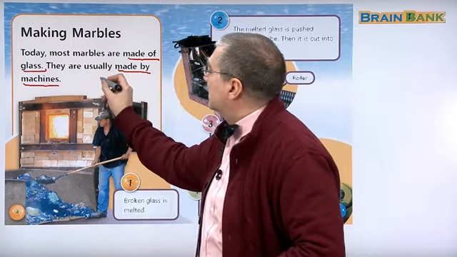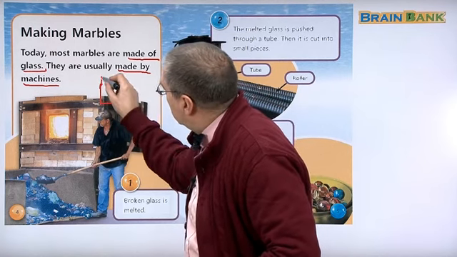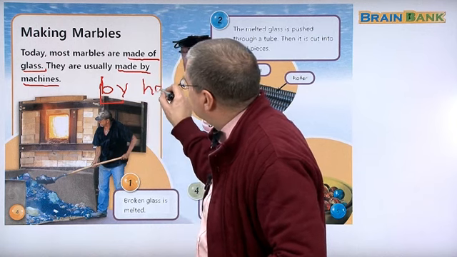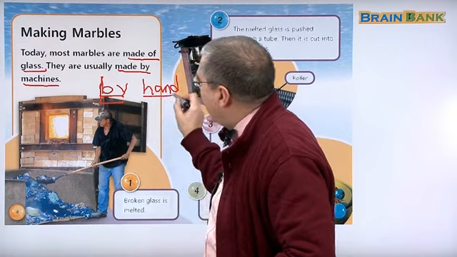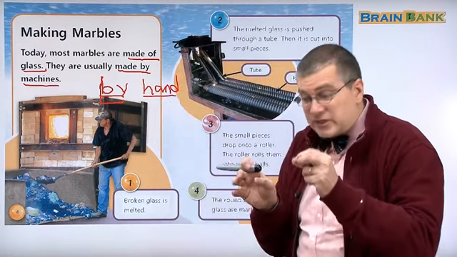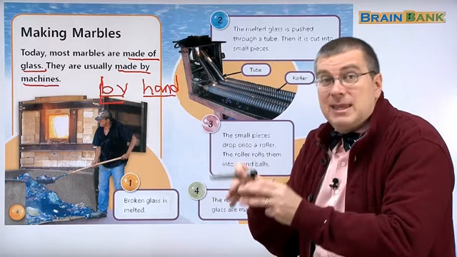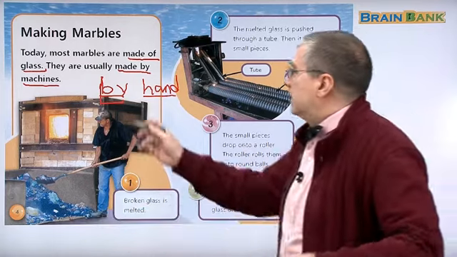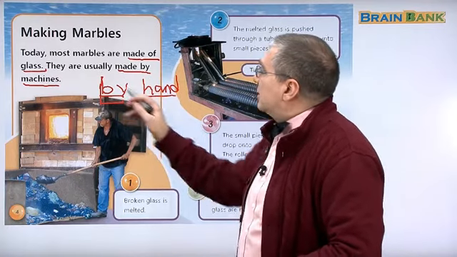The other word is made by hand. If something is made by hand, that's one person made it with his or her hands. That's more expensive because it takes a longer time. Nowadays, most things are made by machines.